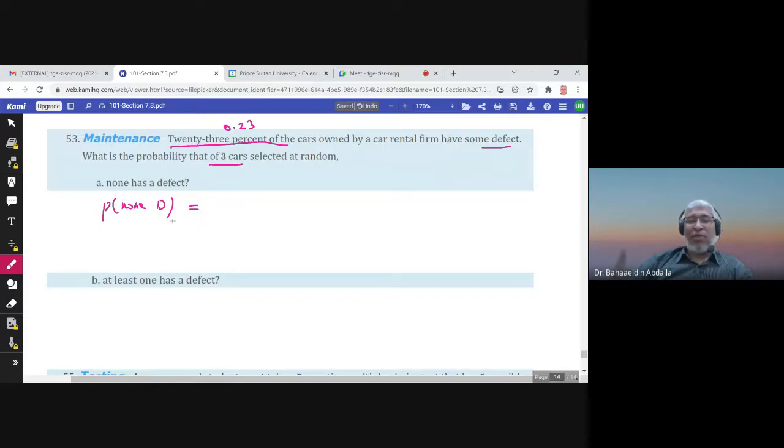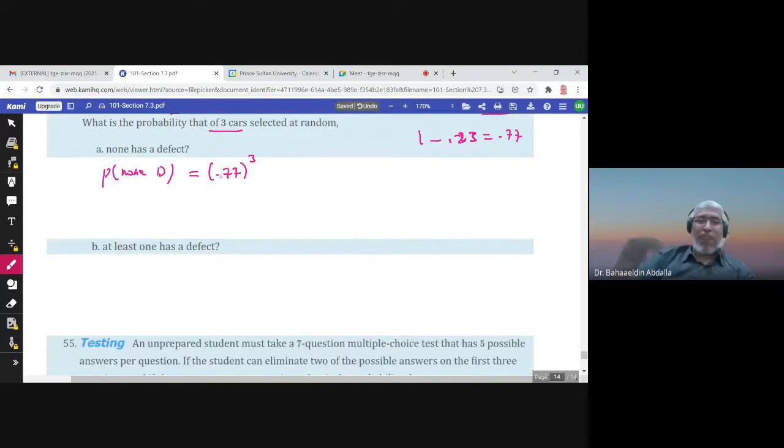If the probability of defective is 0.23, then 1 minus 0.23 is 0.77, and this is the probability of non-defect each time. So 0.77 times 0.77 times 0.77, 3 times.